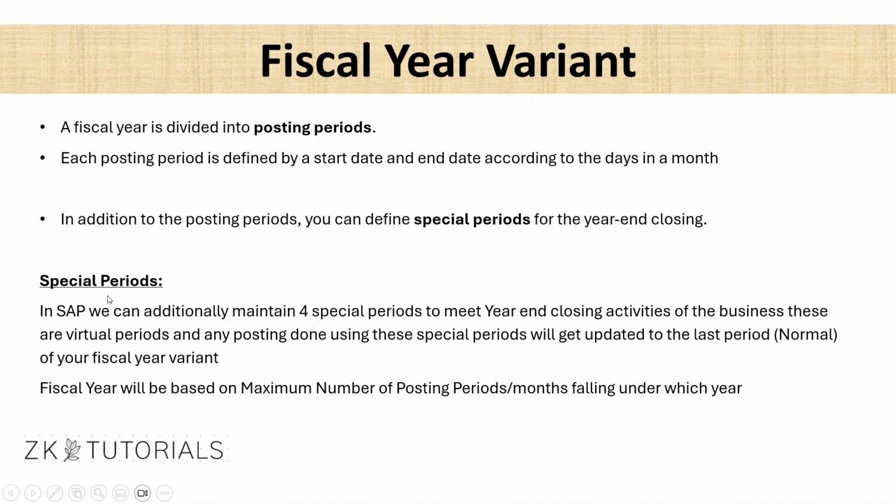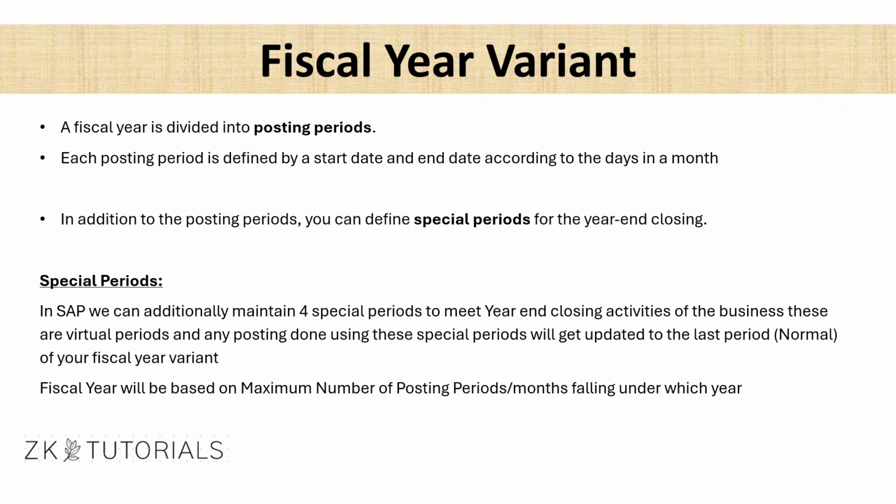What is special periods? We'll understand. 12 months are there, so in a year we have 12 months. So 12 months are 12 posting periods. And what is special periods? Special periods, there are maximum of 4 which we can define in SAP. We can define 1 or 2 or 3 or 4, maximum 4.